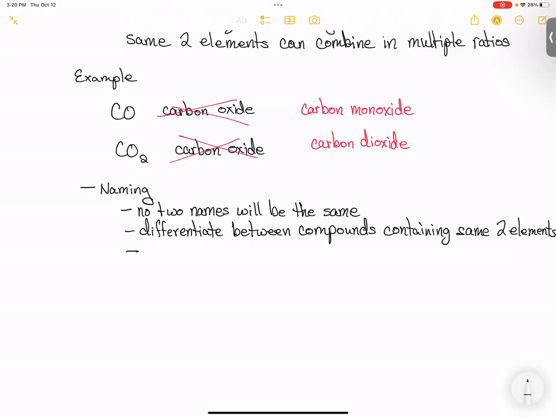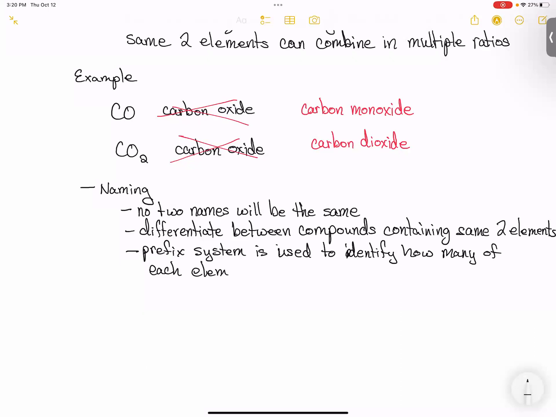The way we do so is a prefix system. It is used to identify how many of each element is present in a compound.